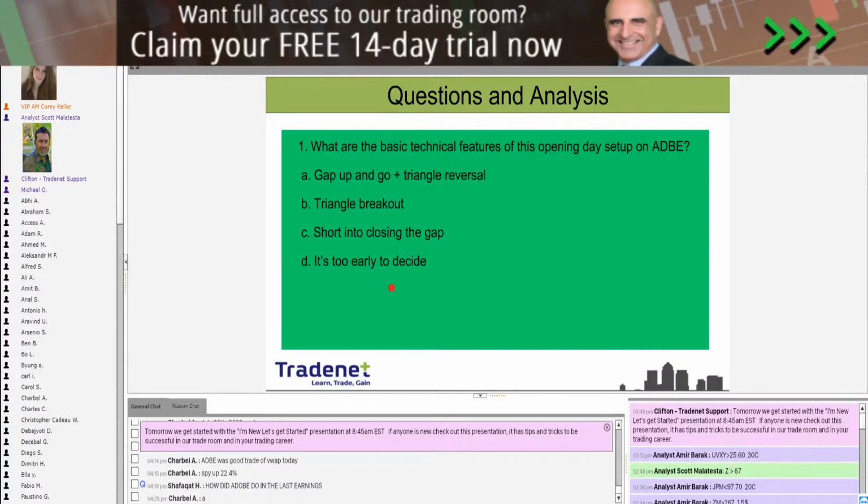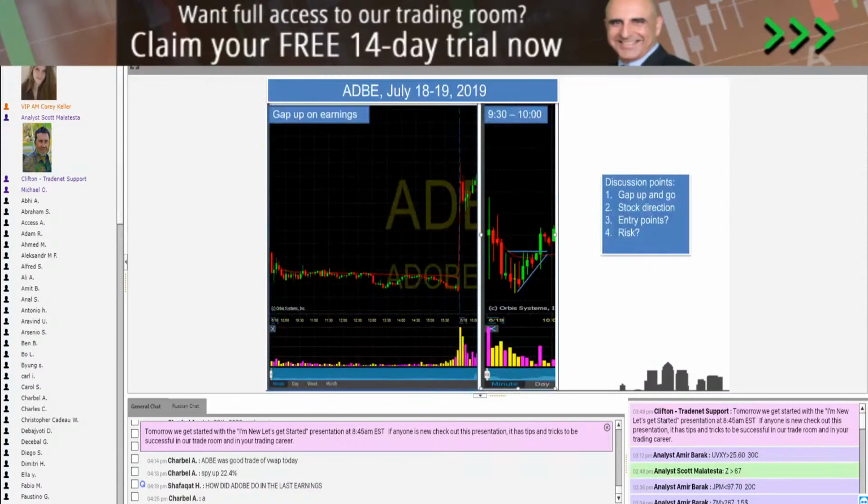If we see a technical entry, if we can estimate the risk on the trade, then we decide if we take the trade or not. So it's not too early to decide, because we already see the price action by 10, we already see on the way up an entry point.